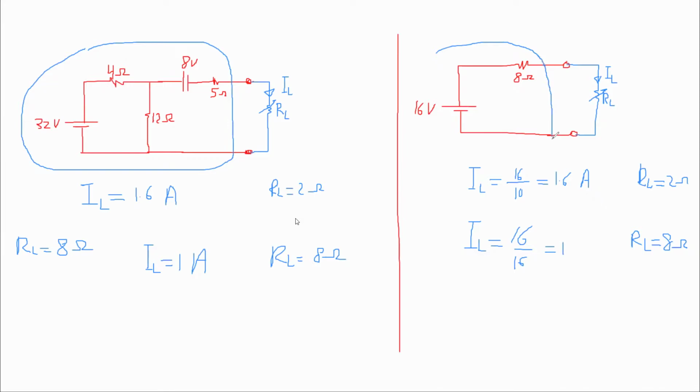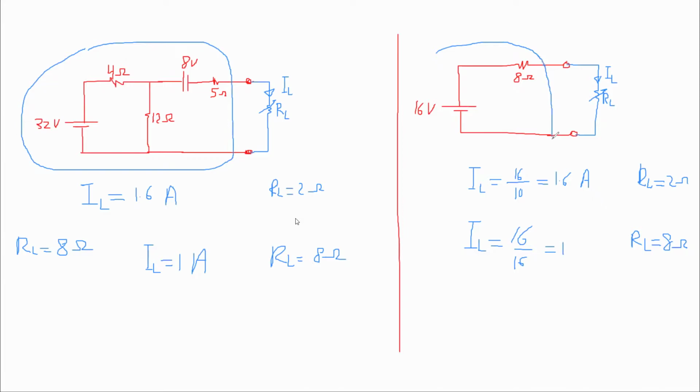This equivalent circuit is easy, with one source and one resistor. So for this circuit, this is the equivalent circuit. But what is the value of this resistance, and what is the value of this source? This is our topic.